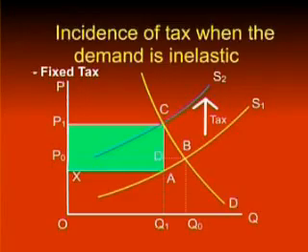As you can see, producer revenues or total revenues fall only very slightly from OP0BQ0 to OXAQ1. But the consumer suffers in a major way because he pays a major part of the tax collected by the government. The government also is not too badly hit by the fall in the quantity of the good.